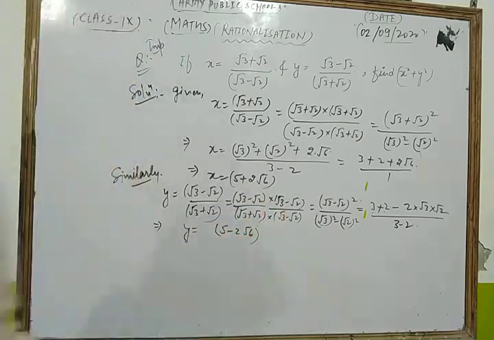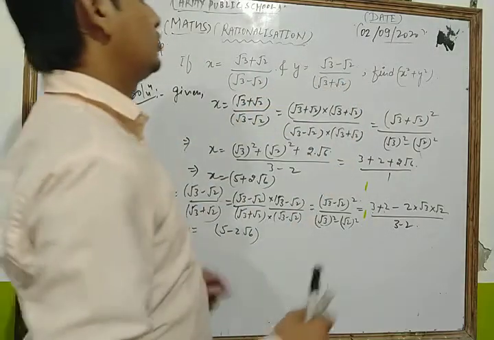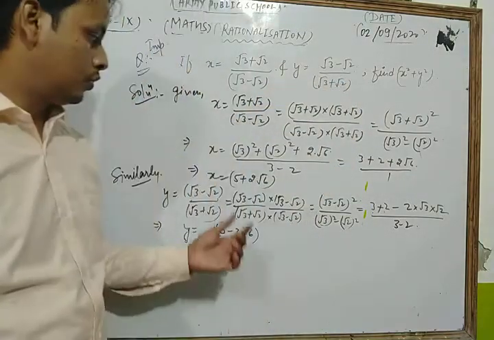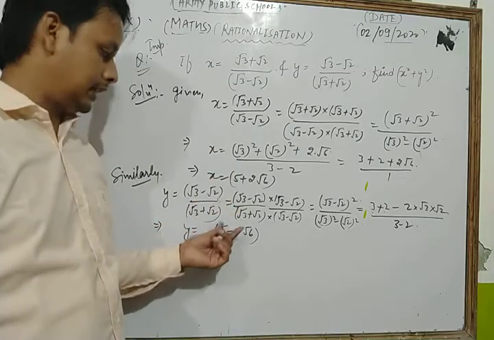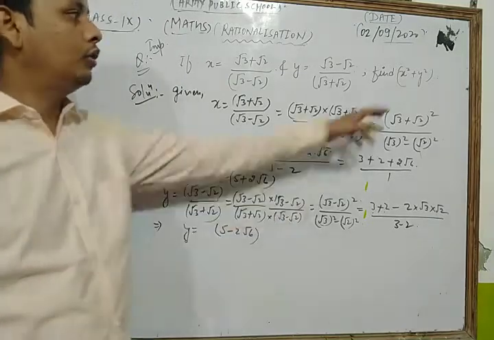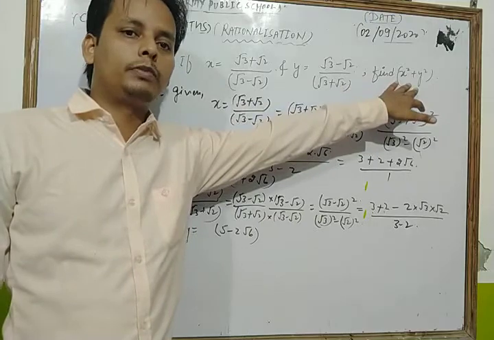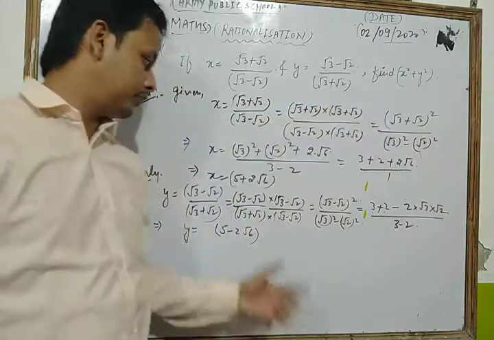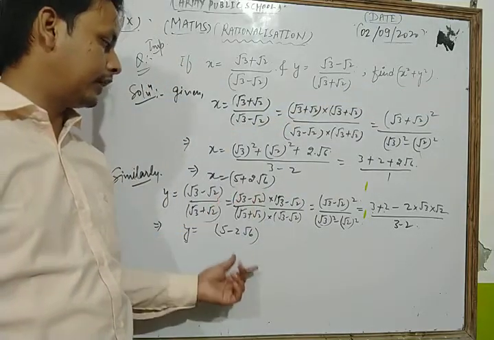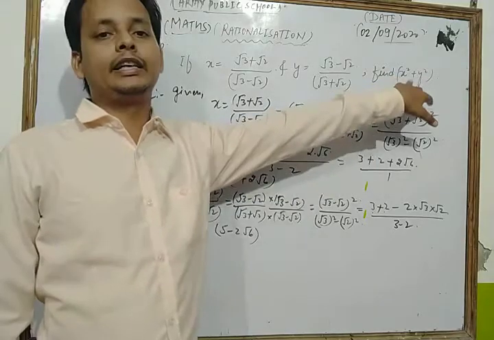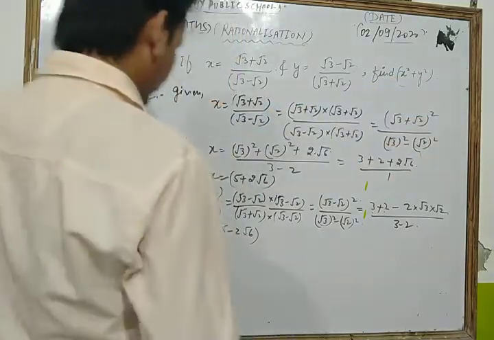Now, dear student, what I do? Now we have the value of x and the value of y. Now we find the value of x square plus y square. After finding the values of x and y, we put the values of x and y in this expression.